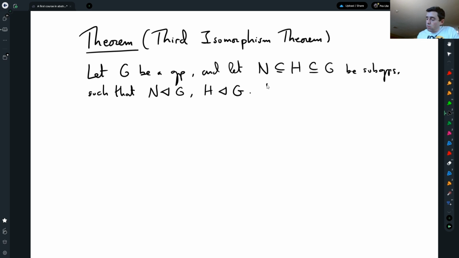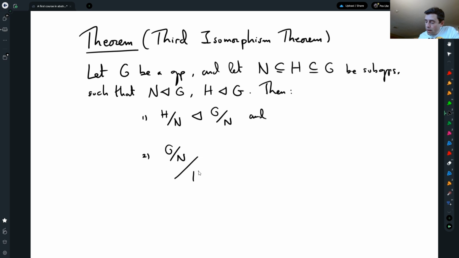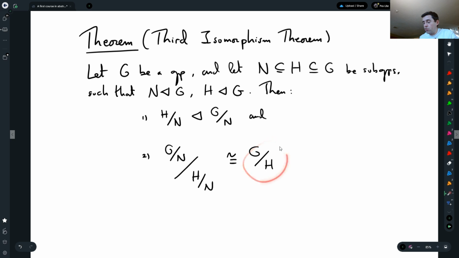Then two things happen. One is that H modulo N is normal in G modulo N. And then the question is, what is that quotient, G modulo N, modulo H modulo N? It turns out that there is this sort of cancellation of N's, and this is isomorphic to G modulo H. Of course, this is a quotient group, so it's not like I can cancel those N's and just get this group.